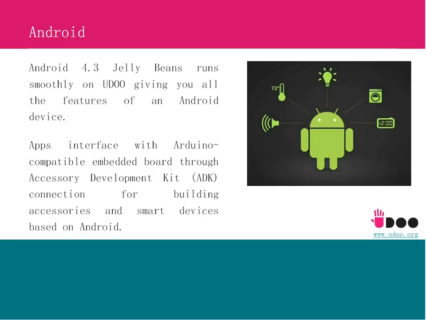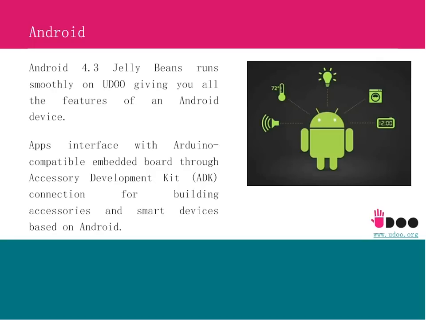Another thing that makes UDOO so special is that it can run Android. Okay, Android, everybody knows it. We have thousands of mobile devices based on Android. And if you just put Android on your UDOO and hook it up to your TV, you have a giant, we could say, tablet, because you can use all the functionalities you have on Android.